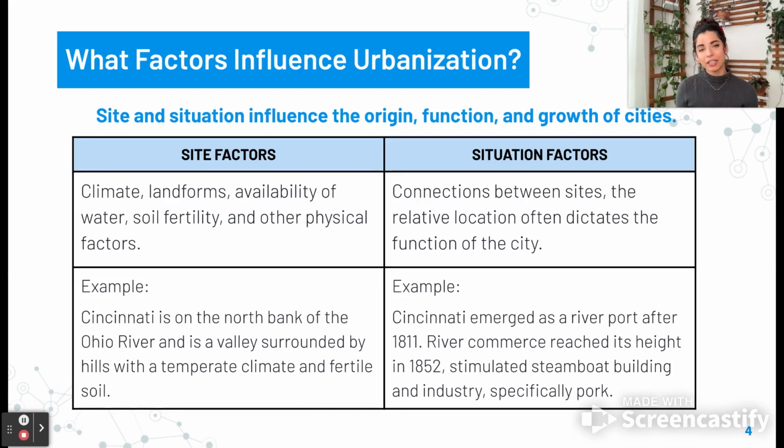So that's the site. That's just like the physical environment around it. Whereas for situation, Cincinnati emerged as a river port after 1911. River commerce reached its height in 1852 and stimulated steamboat building and industry, and specifically in pork. So that's like the situation, that's the context surrounding it.